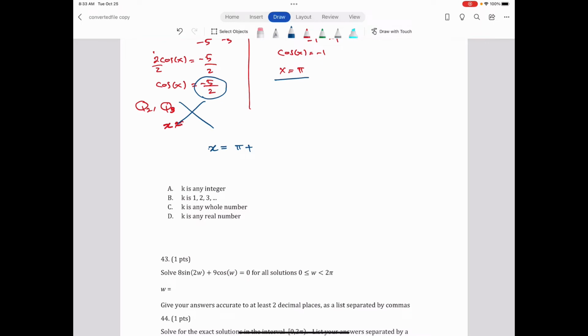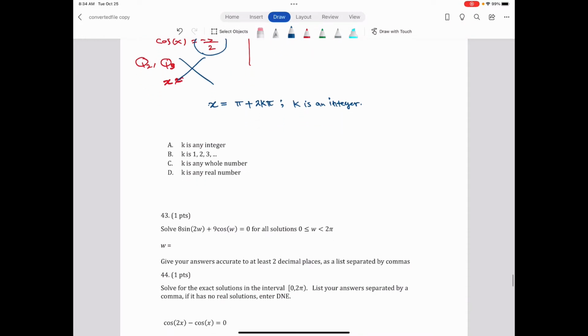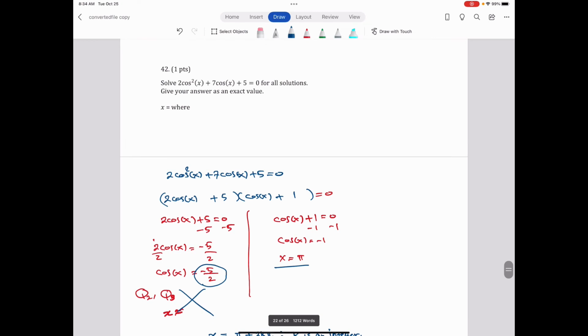We know that we're going to get the same answer each time we add a full circle, or full revolution, to that. So the answer is pi plus multiples of the period, which is 2k pi, such that k is an integer. So that is the solution for question number 42.